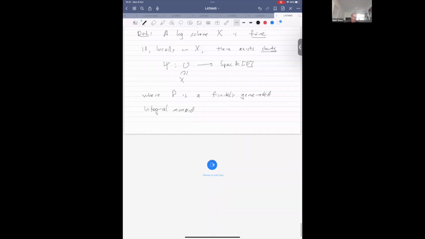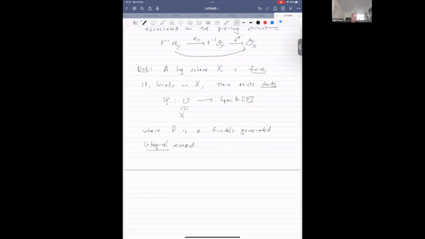Okay, so now I have to define integral. So this means the cancellation rule holds, i.e., if p plus q equals p' plus q for elements of the monoid P, we have p equals p'.